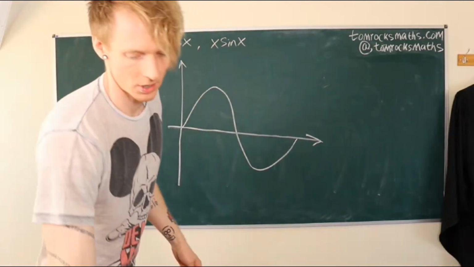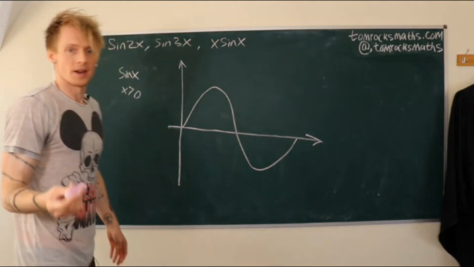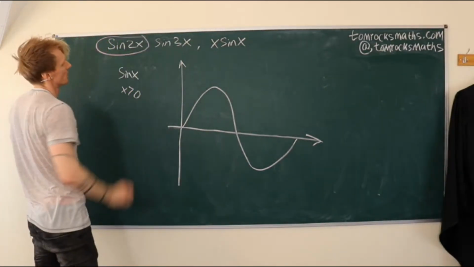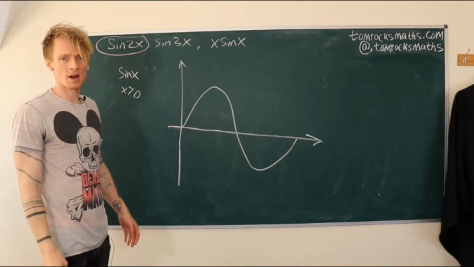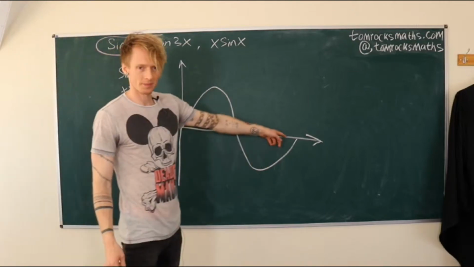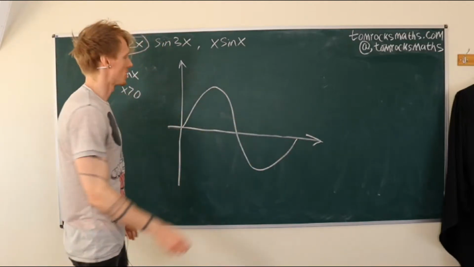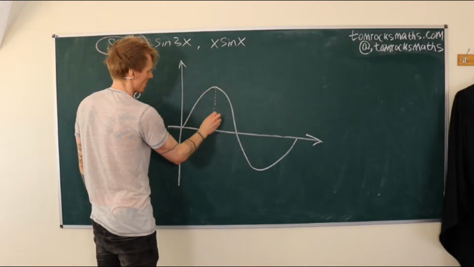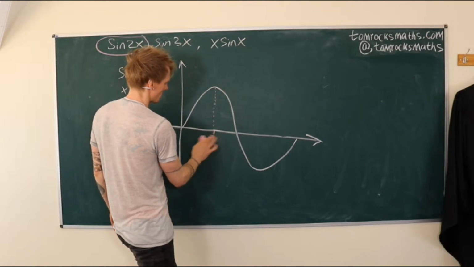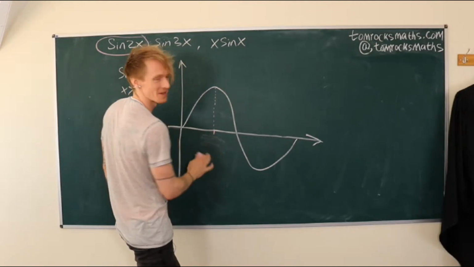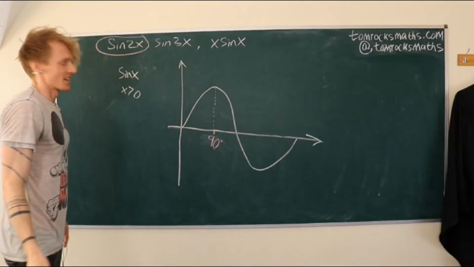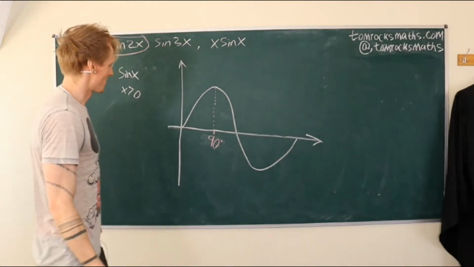Right, let's get some different colors on the go. Apparently I'm really into my pink chalk today, so let's go with pink chalk for sine 2x. Now let's think about what this means. When you're trying to plot sine, there are some key points that really help us out. For example, we know that sine is 1 at 90 degrees. I'll stick to degrees, because we use degrees in the lesson, so be consistent.